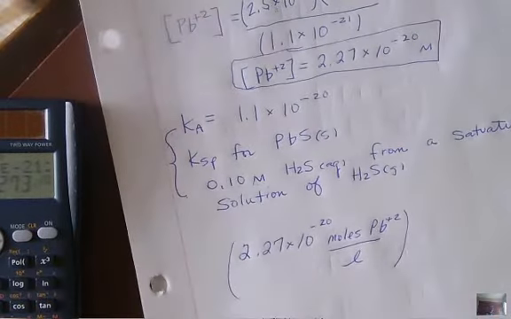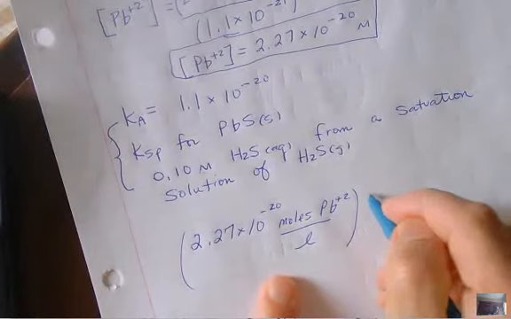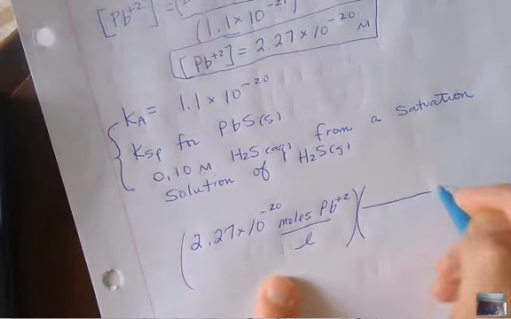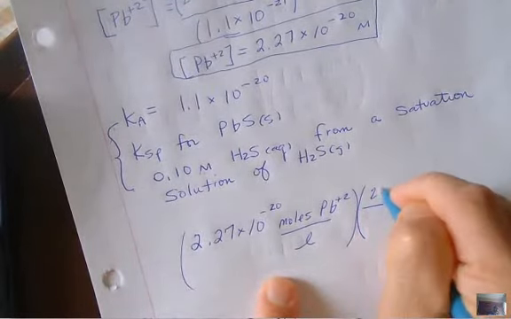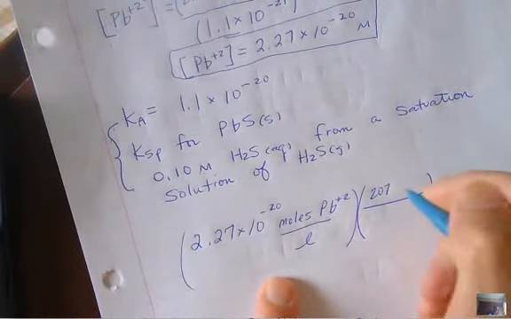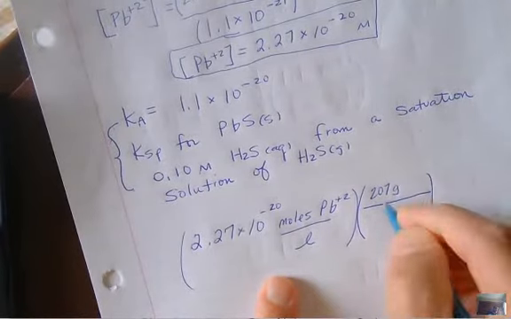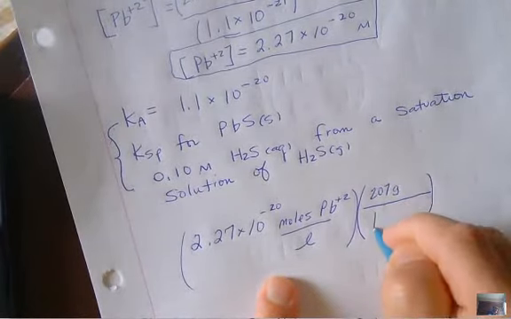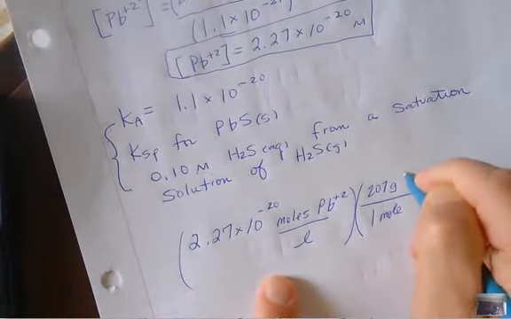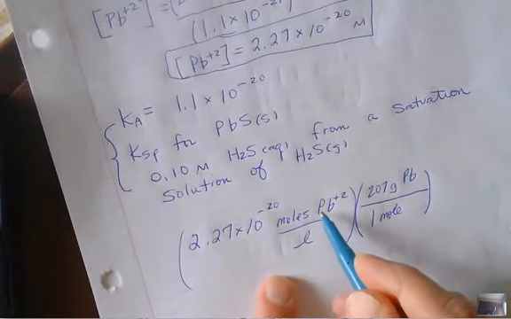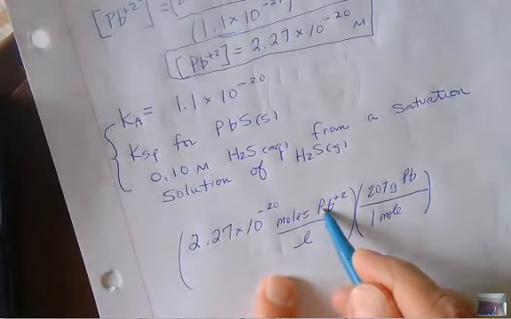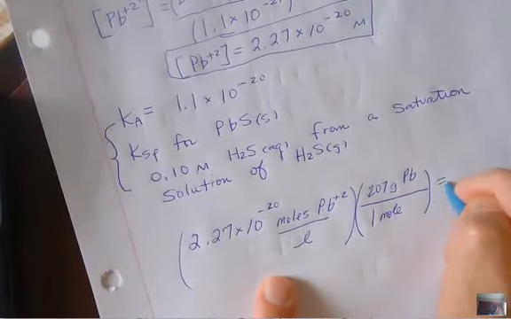Okay. All right, so the first thing we're going to do is let's convert this to grams of lead. Right, so there are 207 grams, this is from the molar mass of lead, in every 1 mole of lead. That'll change the numerator from moles of lead to grams of lead.